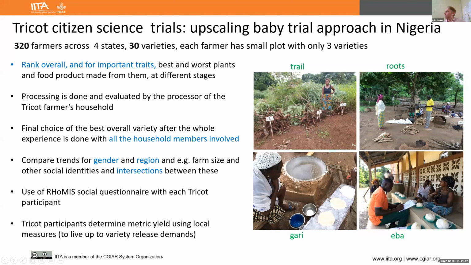And from harvesting, it goes to evaluation of the roots, evaluation of the processing, evaluation of the intermediate product gari, and then also evaluation of the eba. And what is important here is the processing is not done only by the tricot participant farmer, but we really look at who is doing what in the household. So the person who is normally doing that work is evaluating that aspect of the work.